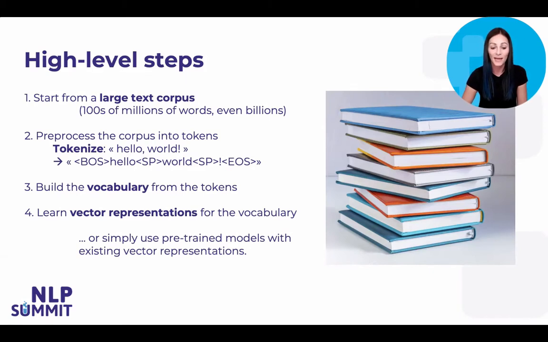So for example, hello world gets split up, as you can see here, into the different words. And then you build the vocabulary from those tokens. And you learn vector representations for the vocabulary. And if this sounds like a lot of work, it definitely is. But the good news is we can actually use pre-trained models that have already those existing vector representations. And we will see this when we start with BERT.